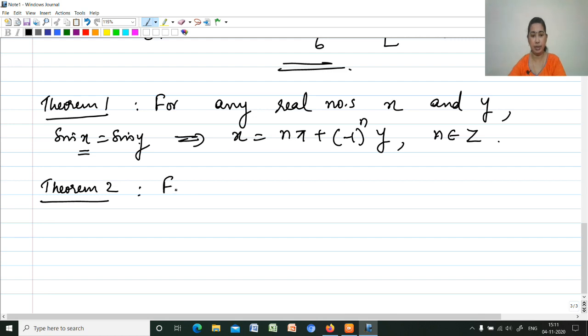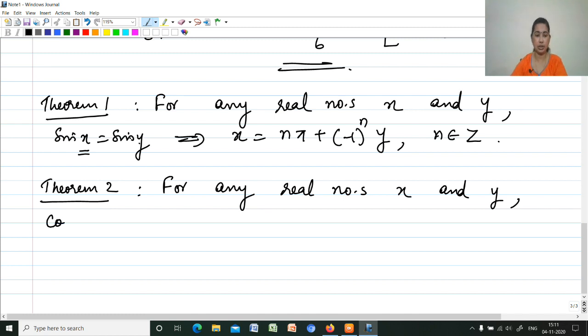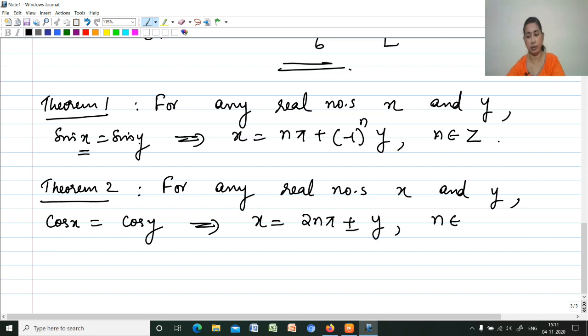For any real numbers x and y, cos x equal to cos y implies x equal to 2n pi plus or minus y, where n is an element of z. So if both are given in terms of cos, then x equal to 2n pi plus or minus y. If both are in terms of sine, then x equal to n pi plus minus 1 raised to n into y.